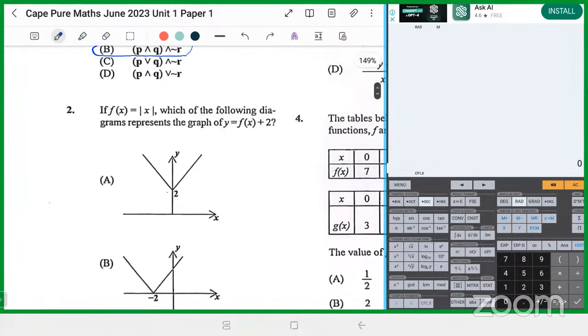This one says, if f of x is the modulus of x, which of the following diagrams is f of x plus 2? So what this means is that you have the f of x function, the modulus of x, which basically would be this.